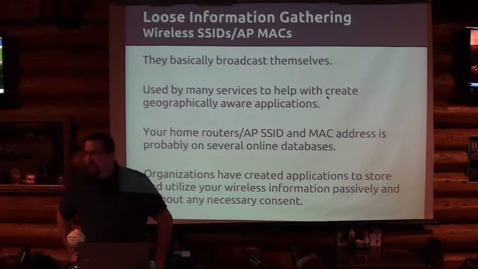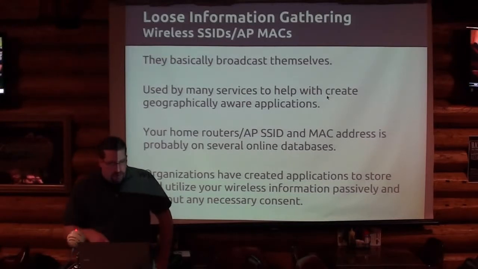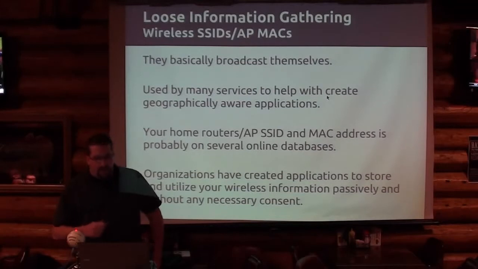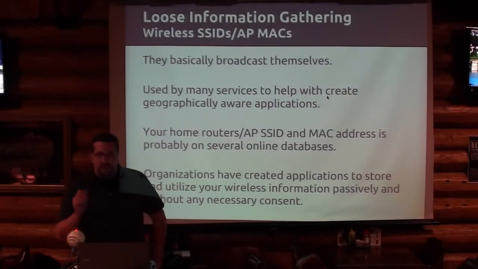Actually, it's not like they even have to run an app to do it now. Most of the time, Apple and Google are just plain submitting that information to their providers. Organizations have created applications to store and utilize your wireless information passively without any necessary consent. And that's just because you are simply broadcasting something. Have fun not doing that.